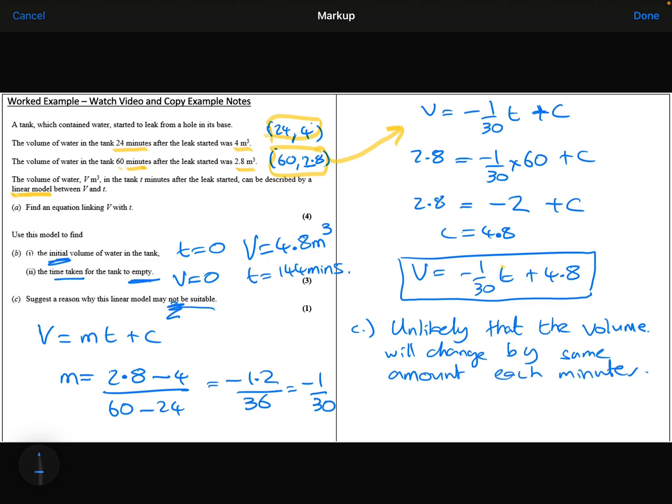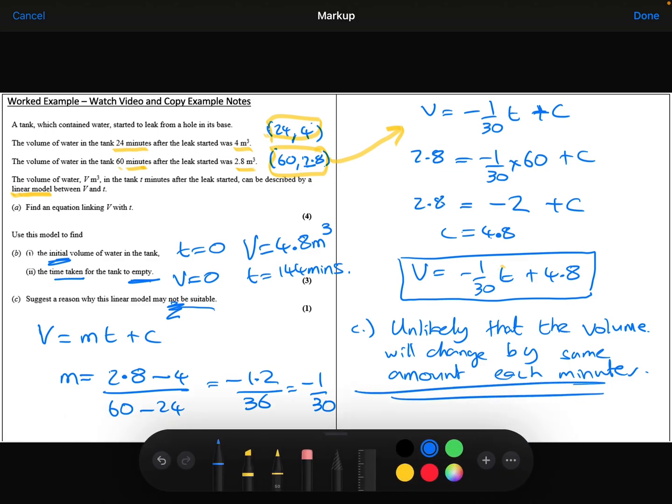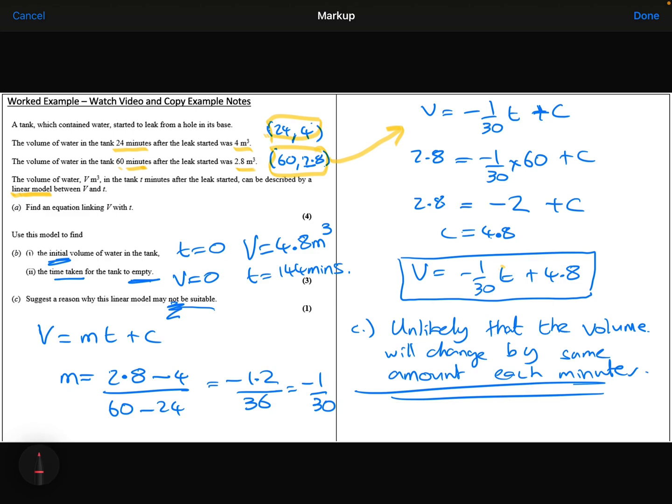Alternatively, we've seen that when t equals 144, v is 0. If you try anything bigger than 144, if you substituted 145 into this equation, then you would find that v would actually be negative, which obviously doesn't make any sense.